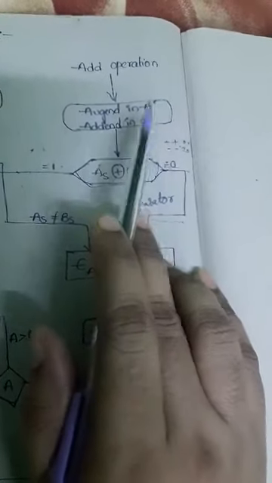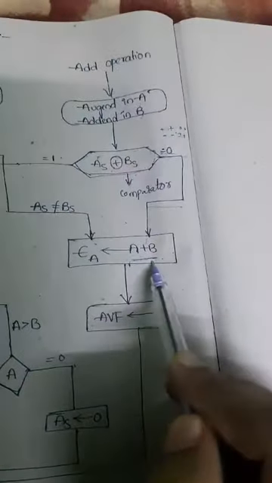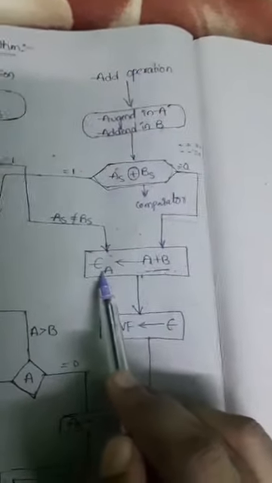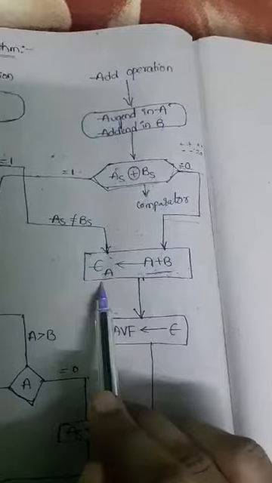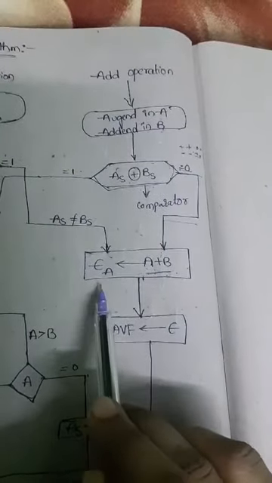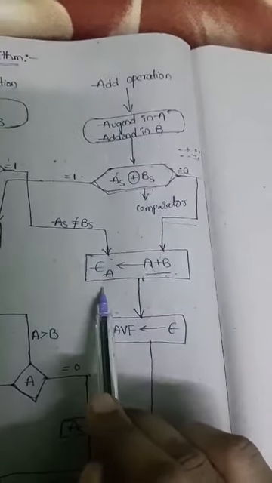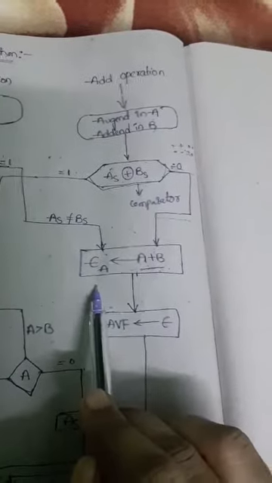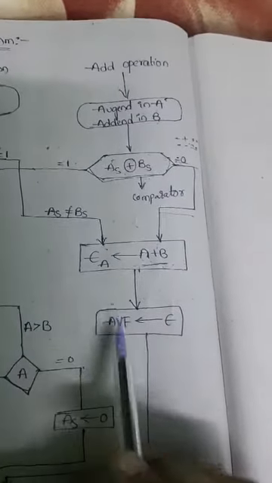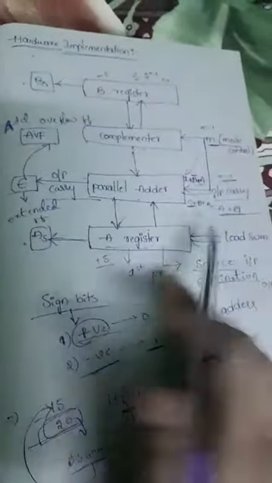Okay, so the corresponding result will be stored in which register? That is the EA flip-flop or EA register. If any output carry is produced, that carry will be transferred to the E flip-flop. You already know the procedure of hardware implementation, no?